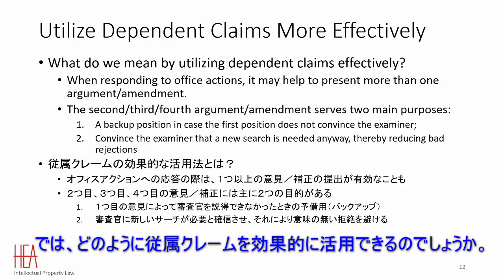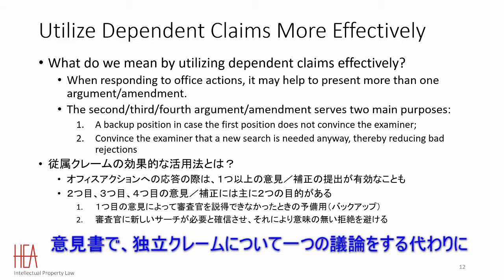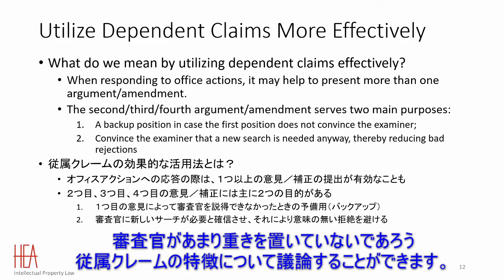How do we use the dependent claims more effectively? Well, instead of just making one argument about the independent claim, we can make arguments about some interesting features in the dependent claim that the examiner may have not given a lot of weight to.